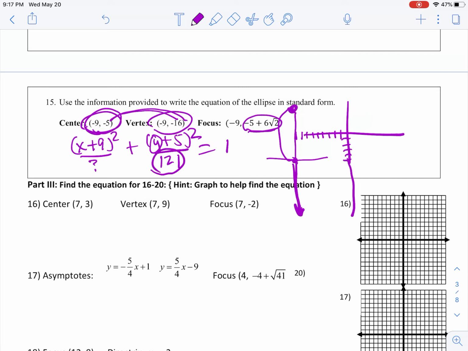You would know that this number minus this missing number, we'll call it a squared, should end up being -5 plus 6 root 2 squared, and that would help you find this number right here. And I guess I've gone that far. We could actually find that.